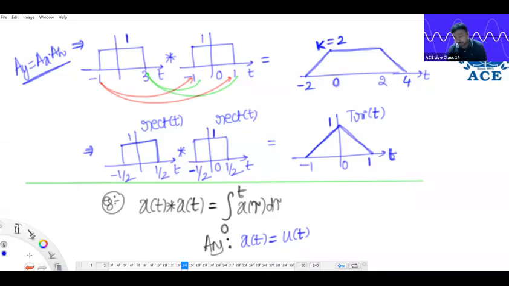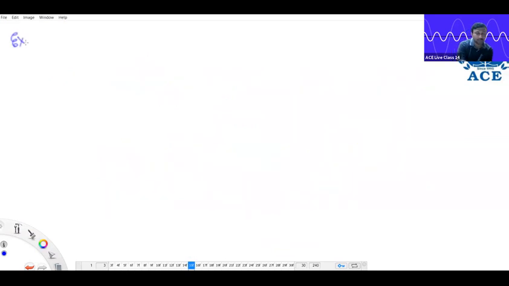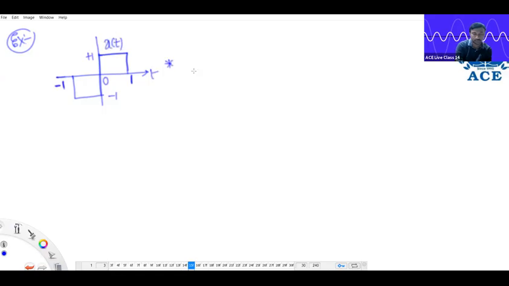For the previous problem, I will make a small change, try to answer it. Suppose we take a signal like this, convolved by another signal like this.